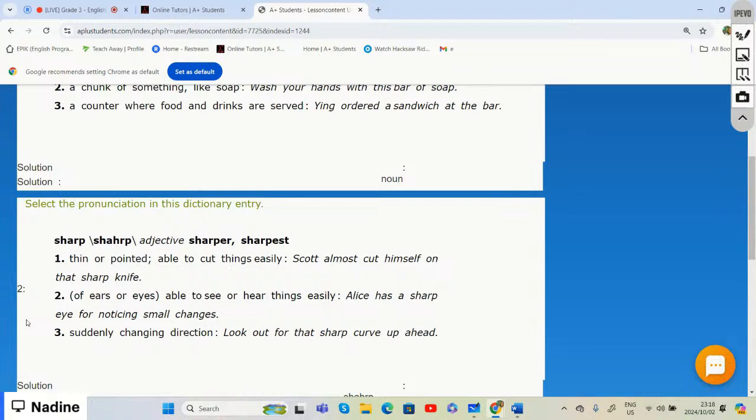So now they're saying we need to select or identify the pronunciation within that dictionary entry. What is the pronunciation of the dictionary entry? The pronunciation.